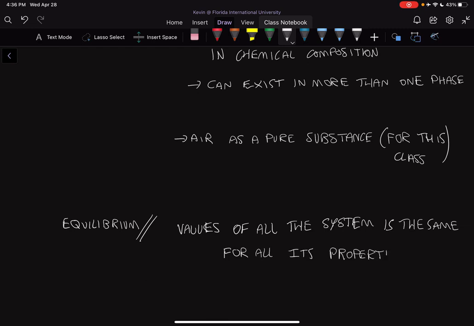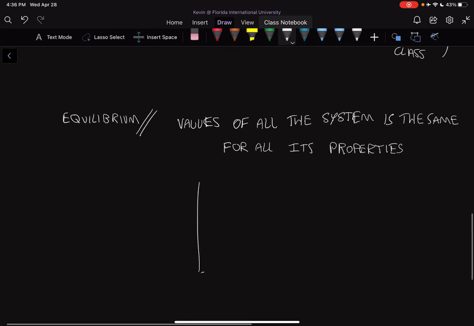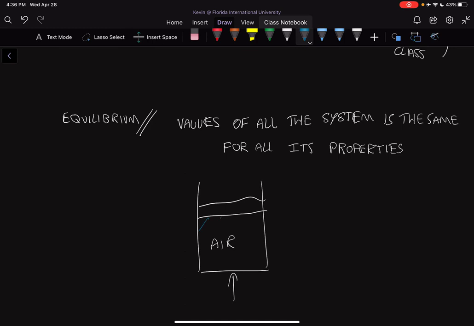What we mean by that is, for example, in our class, if we have a piston cylinder assembly with some air inside, and we heat it from the bottom, we're going to assume that the whole air heats up uniformly. It doesn't mean that this particle of air here is going to be hotter than this particle of air here.